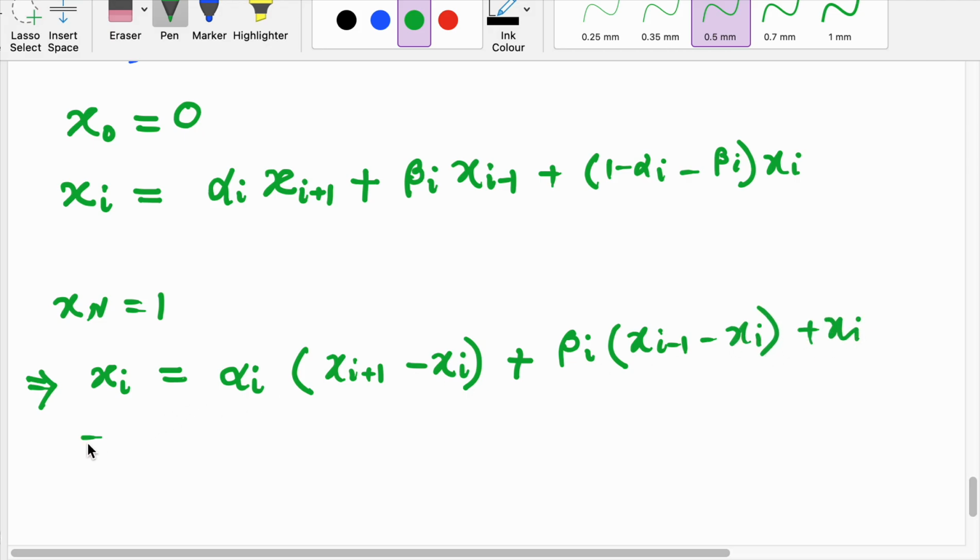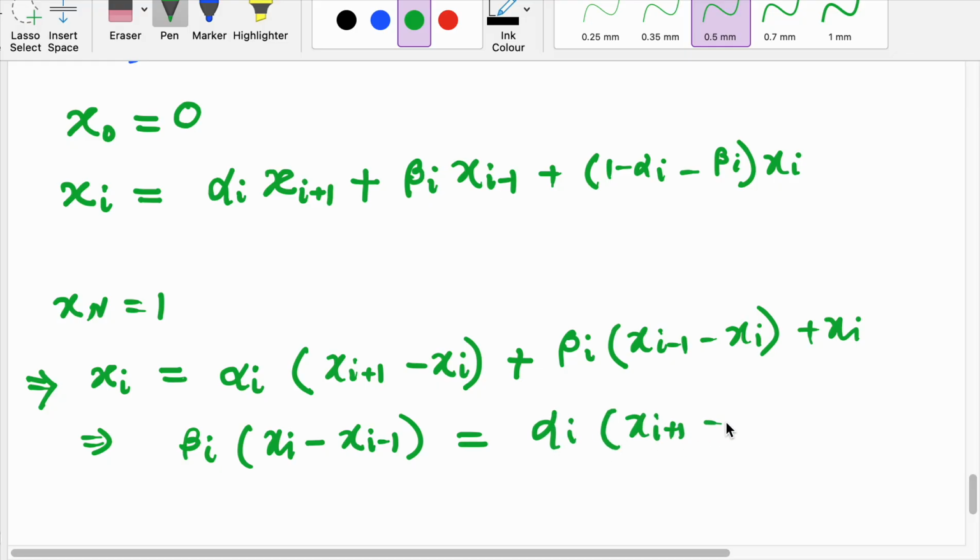So you will find that beta I times xi minus xi minus 1 is equal to alpha I times xi plus 1 minus xi.